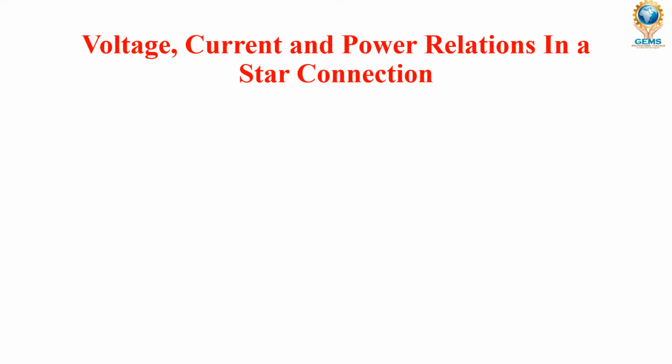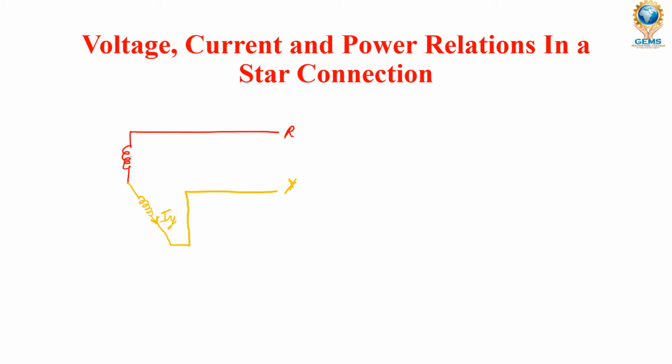Here I am taking one star connection system. This is the R phase. Next, Y phase. The current flowing in this Y phase is IY.